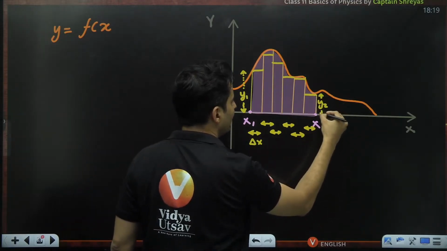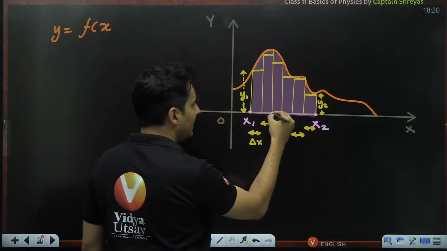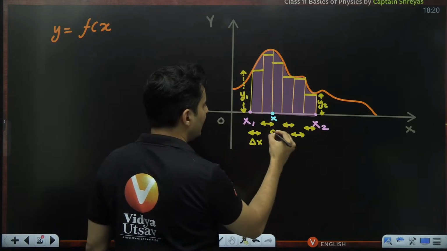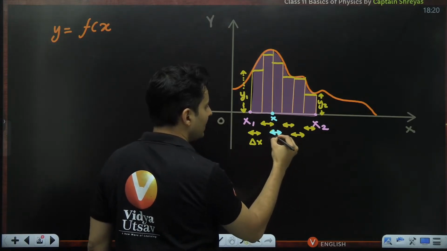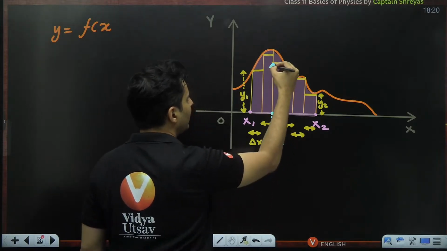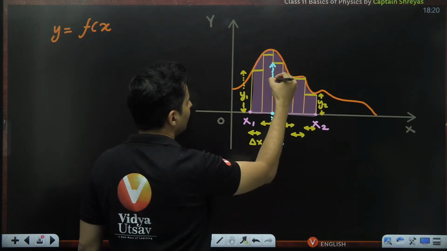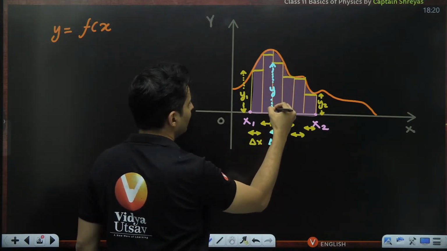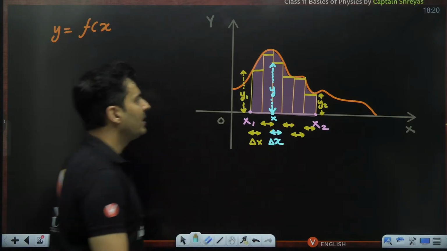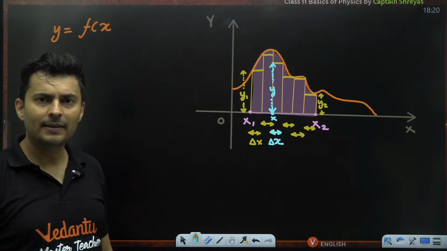But in general, at any given x, which has a rectangle width of delta x, the height of that rectangle will basically be y. Are you able to see that?